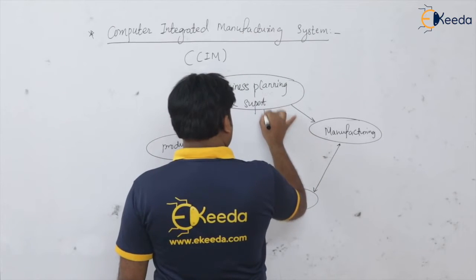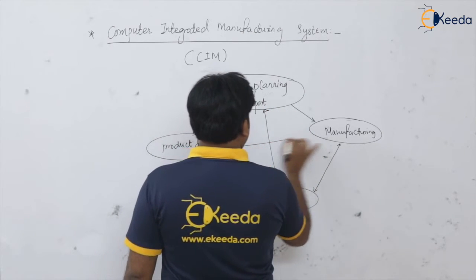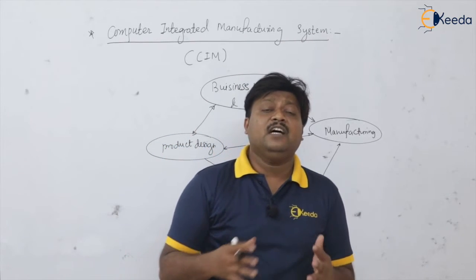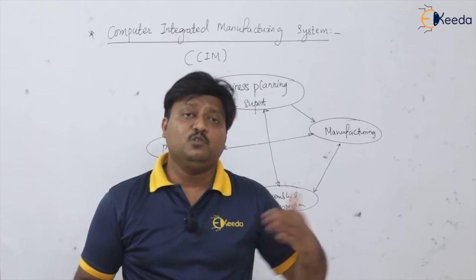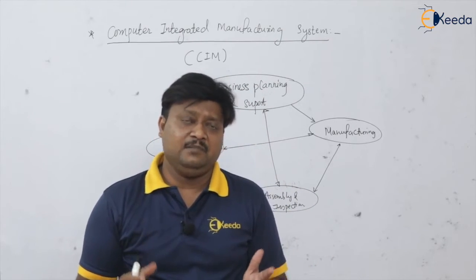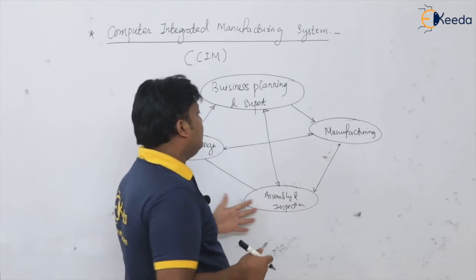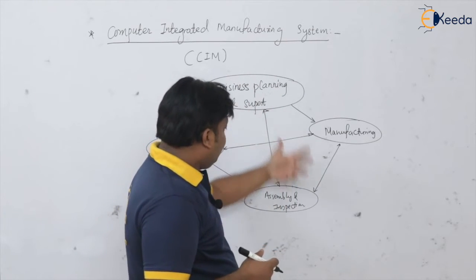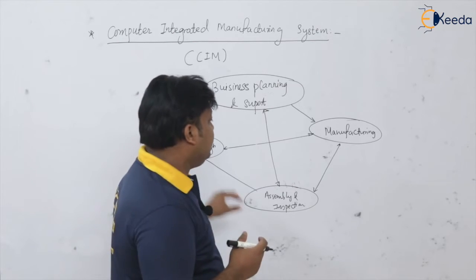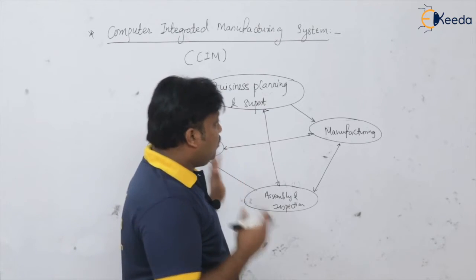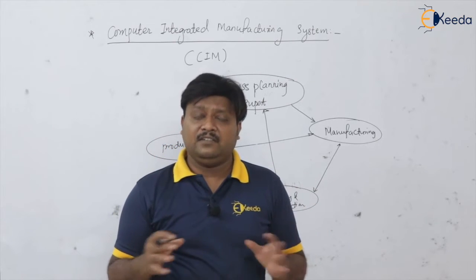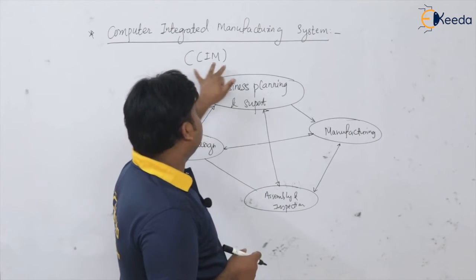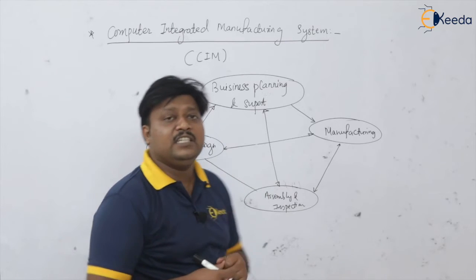So all the departments are interconnected with each other, isn't it? So that we are getting manufacturing without any interference from the human being. This is the CIM. Of course, every department is integrated with one another with the use of the computer and computer technology, so that the production can be done without human interference. This altogether is nothing but the computer integrated manufacturing system, CIMS.